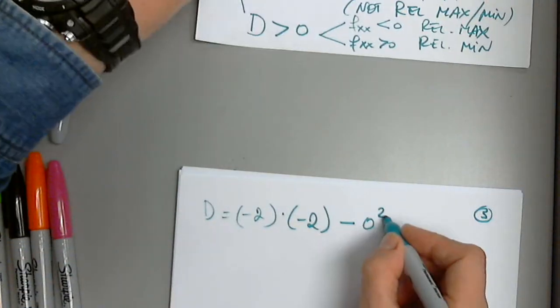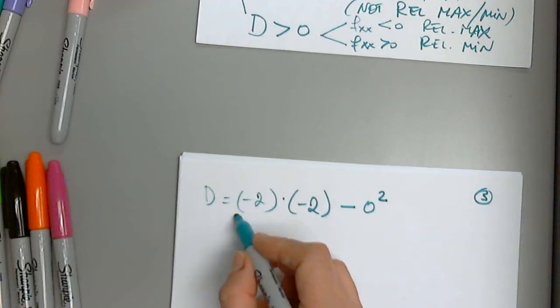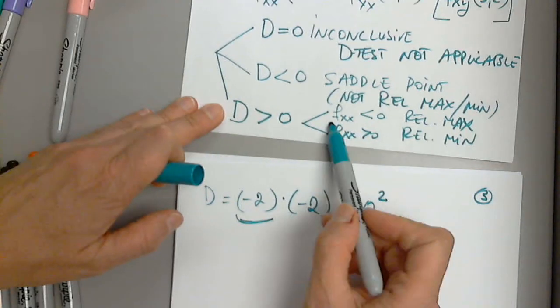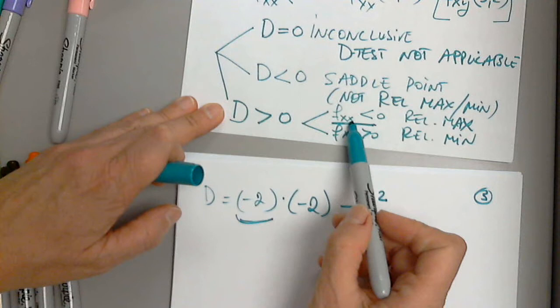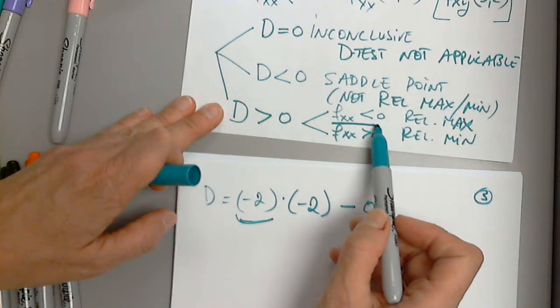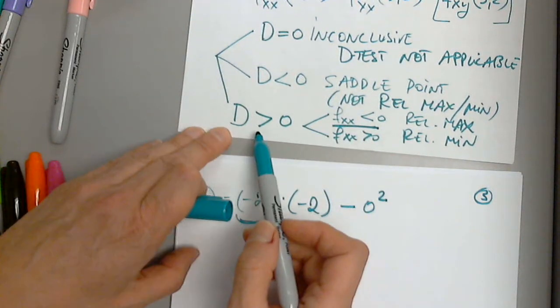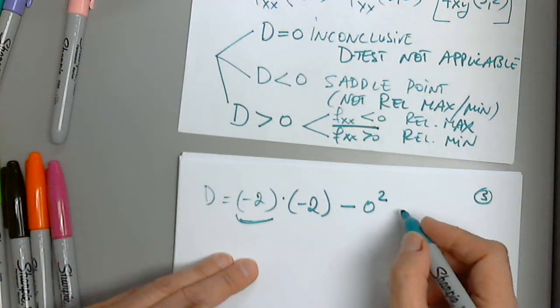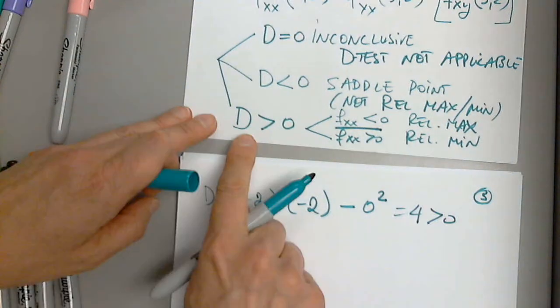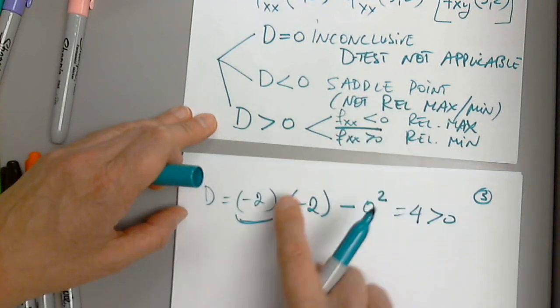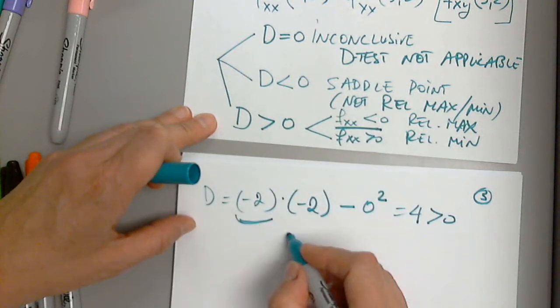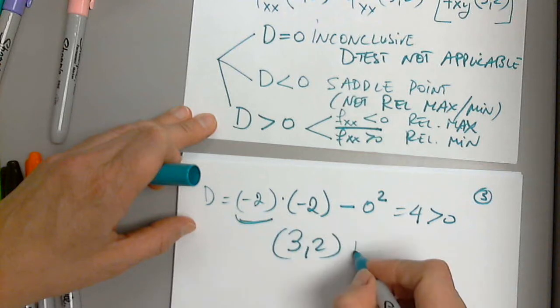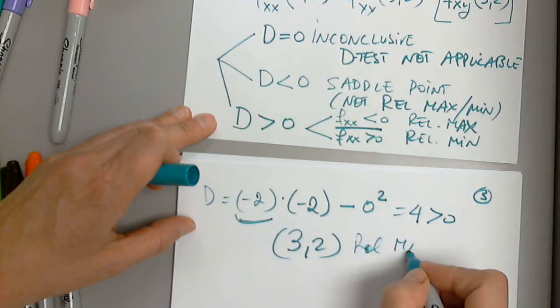So it's 0 squared. So this is the situation where fxx is negative. But if D is not a positive number, then there is no relative max. But it happens that this is 4. D is a positive number, as well as fxx is a negative number. So then I will conclude that (3, 2) is a relative max.